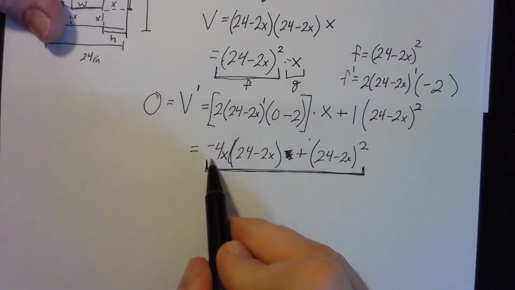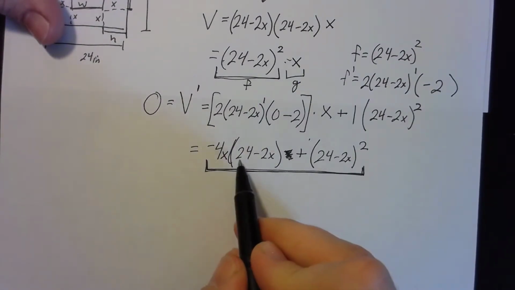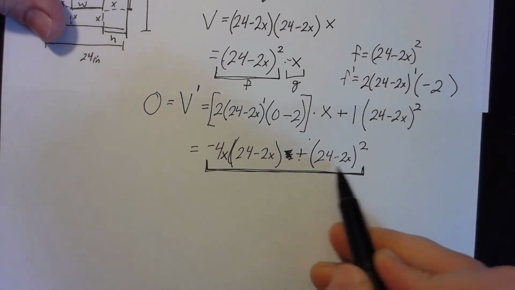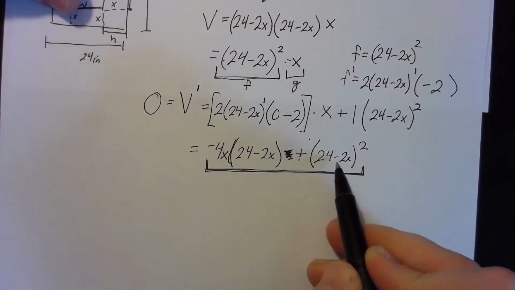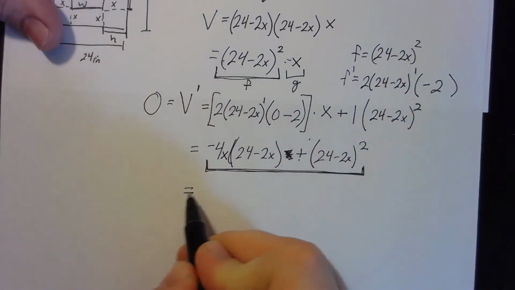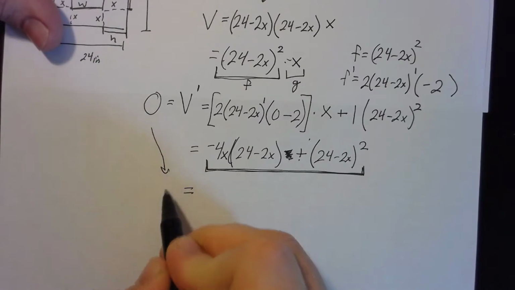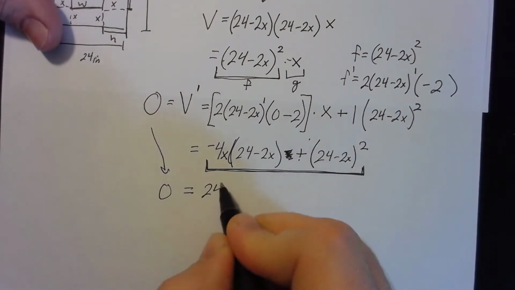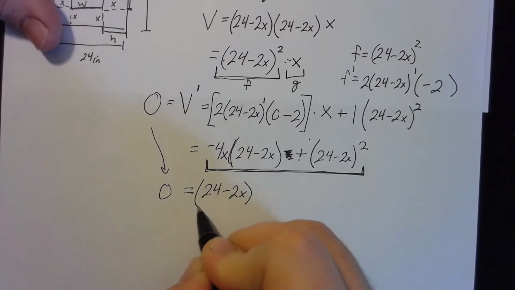You'll notice in this first term, you'll have a (24 − 2x) in parentheses. That's a plus sign. And then in this second term, you'll notice again a (24 − 2x). Yes, this one's squared, but there's still one of those terms in it. So I'm going to remind you that this is equal to 0, and out of these two terms, I'm going to factor out a (24 − 2x).